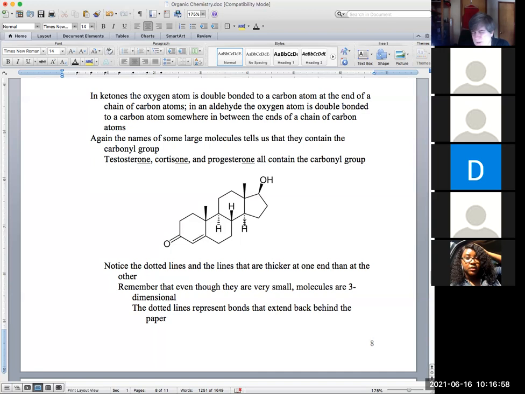So these three lines wouldn't be here. And these two wedges coming up would just be a straight line coming up. And this would be just an angled line. It wouldn't be a wedge. So notice as we go along, it's becoming obvious there are a million different ways to represent molecules. Why so many different ways? Well, exactly how we draw them depends on what we're trying to emphasize.